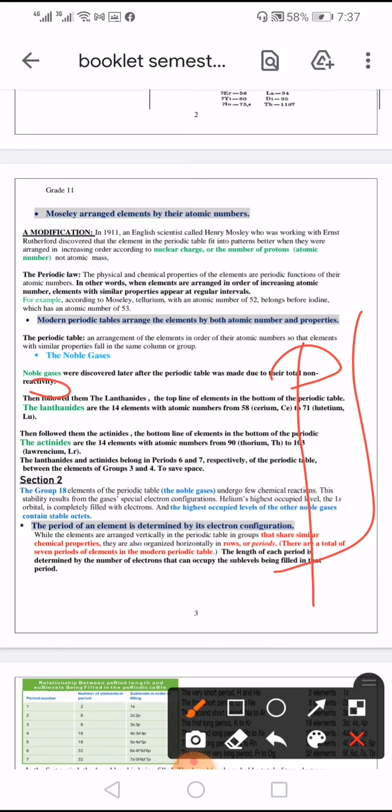Then follow the lanthanides, the top line of the elements at the bottom of the periodic table. Lanthanides are 14 elements with atomic numbers 58, cerium, to 71, lutetium. Then follow the actinides, the bottom line of elements at the bottom of the periodic table, 14 elements with atomic numbers 90 to 103.